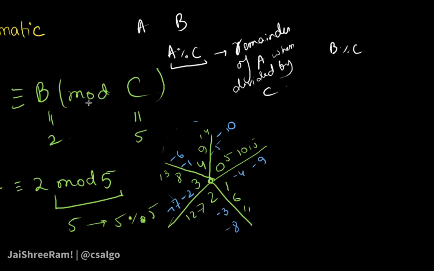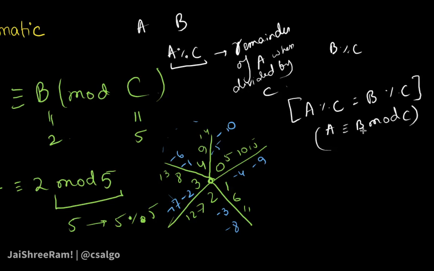That's what this means: A mod C is equal to B mod C. So this notation, A congruent to B mod C, is another way of saying that A when divided by C, whatever the remainder we get, is the same as B when divided by C; it renders the same remainder. So A is congruent to B mod C means A and B render the same remainder when divided by C. That's what this is saying.